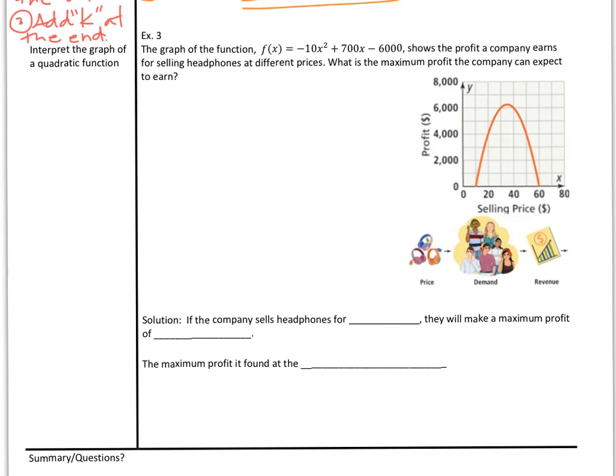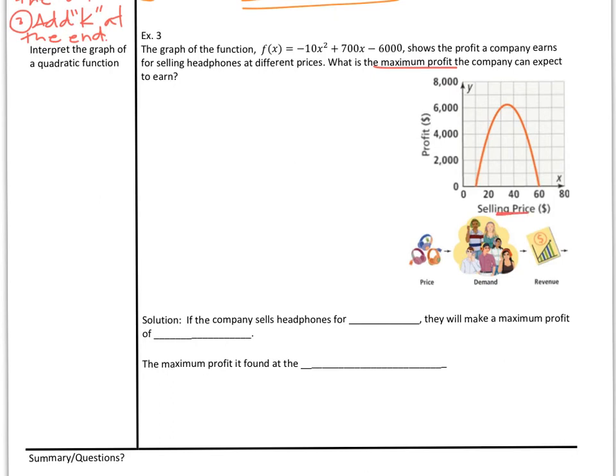The last thing we'll do is we'll use the graph to interpret the quadratic function. Example 3. The graph of the function f of x equals negative 10x squared plus 700x minus 6,000 shows the profit a company earns for selling headphones at different prices. What is the maximum profit the company can expect to earn? So notice on the x-axis, that is the selling price.